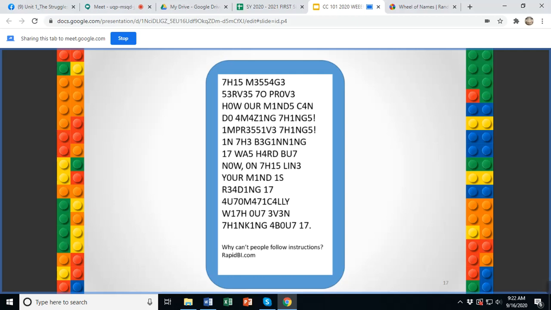Another reason why people can't follow instruction, aside from what Mr. Arnaldo said earlier? Why can't other people follow instruction? They can read it, but they don't follow. Sir, maybe because they don't go by words first, they take it by letters.